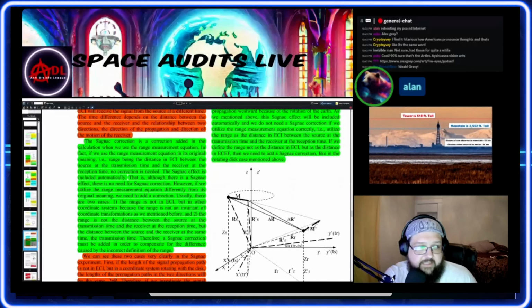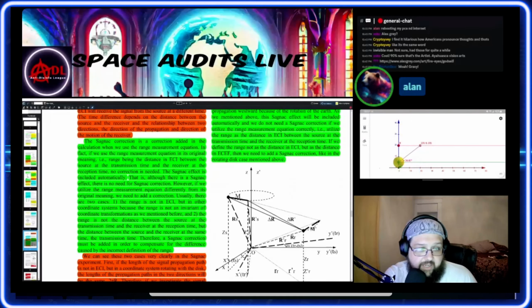The Sagnac effect is included automatically. That is, although there is a Sagnac effect, there is no need for the correction. However, if we utilize the range measurement equation differently from its original meaning, we need to add a correction.